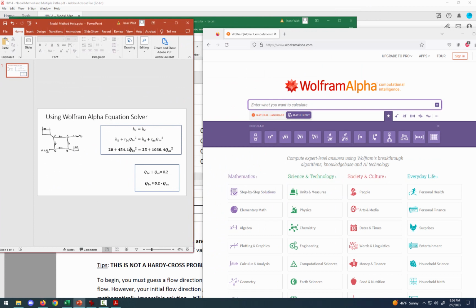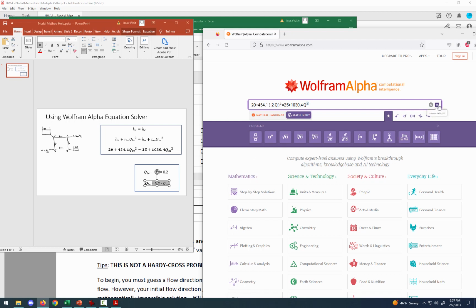I'm just going to type in this equation: 20 plus 454.1, times, instead of QBC, I'm going to put in 0.2 minus Q, where Q is QAC, and all of that term is squared, is equal to 25 plus 1030.4 Q squared. And Q, remember, is QAC.